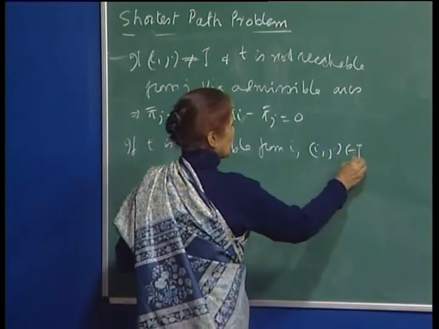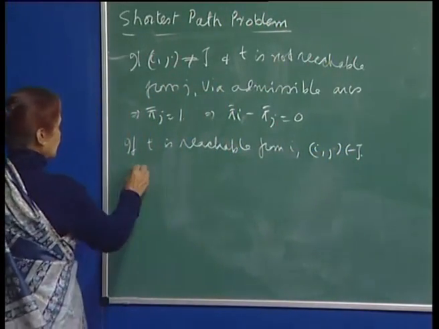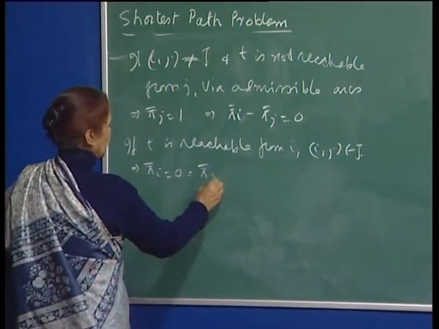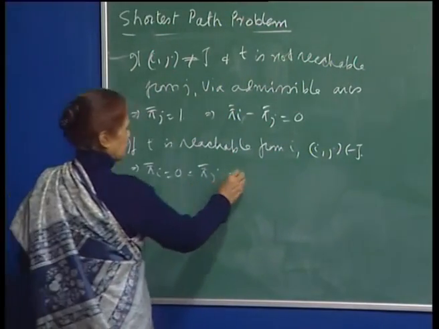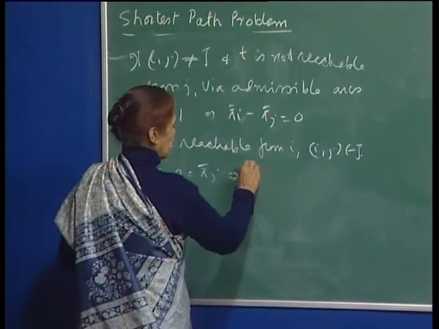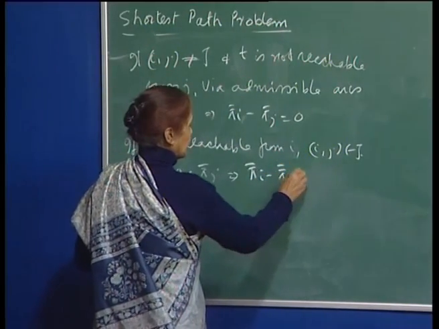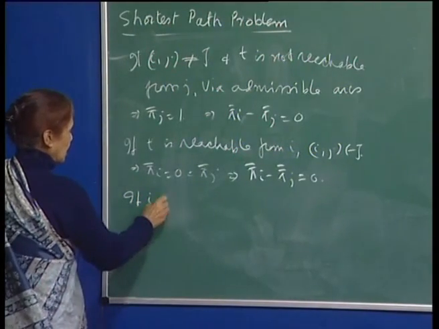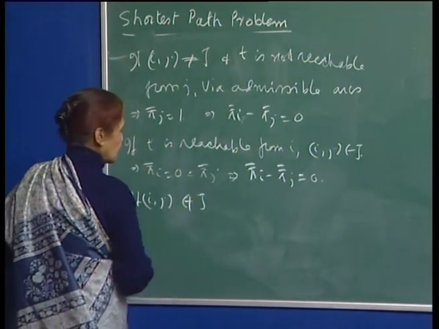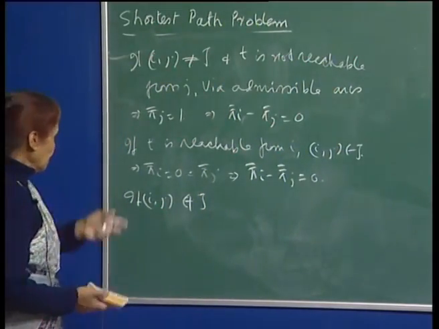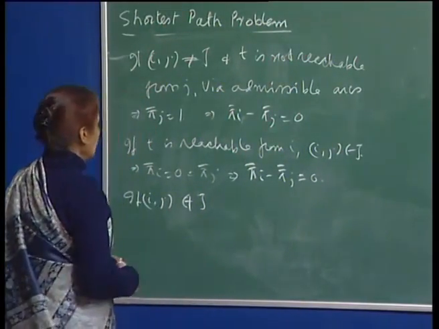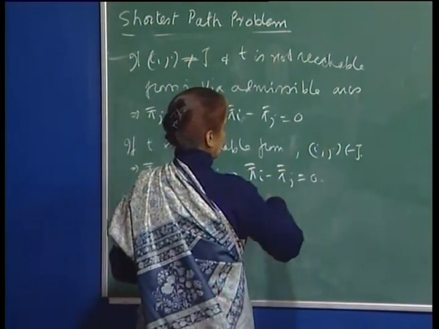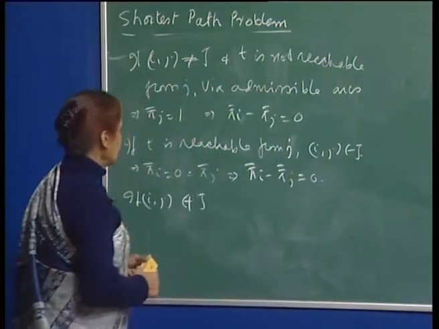If I j belongs to J, then we are done. Then this implies that pi bar I is 0, equal to pi bar j, and therefore this again implies that pi bar I minus pi bar j is 0. And if I j does not belong to J, then what will happen? Sorry, I should have said T is reachable from j. T is reachable from j.